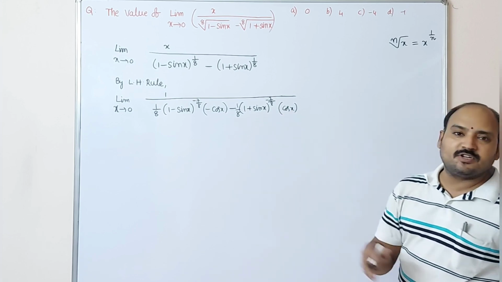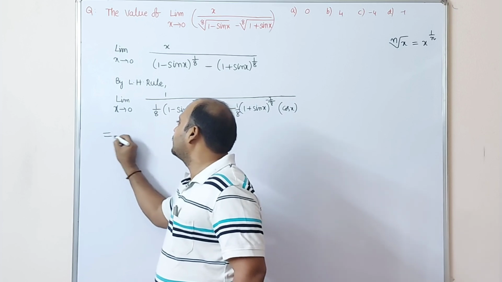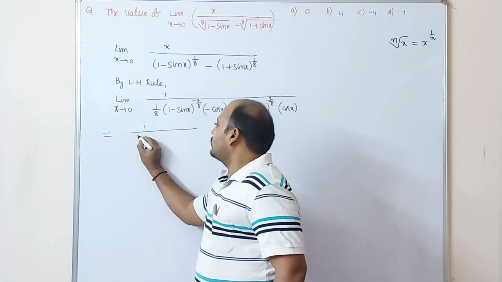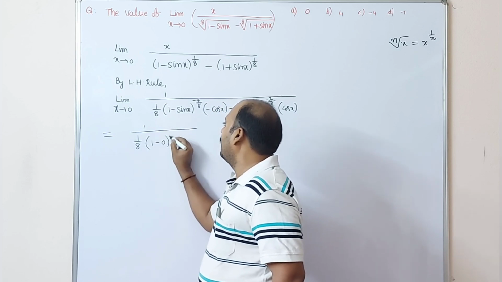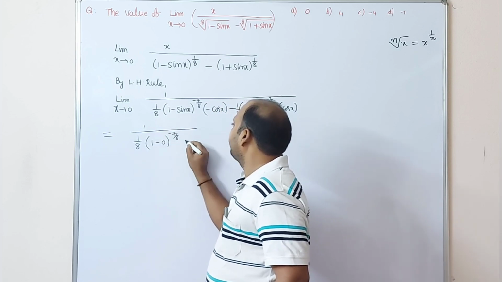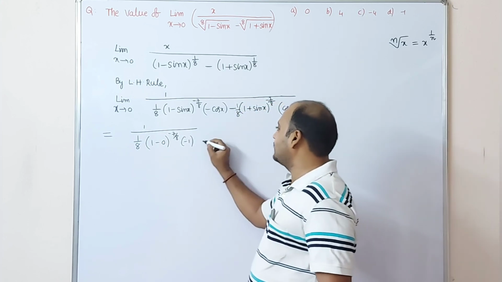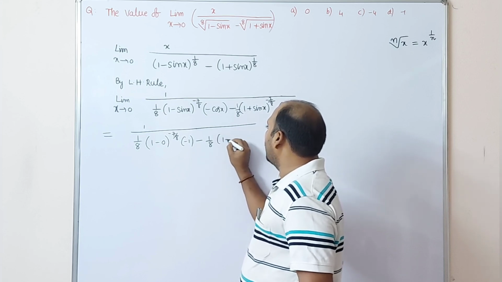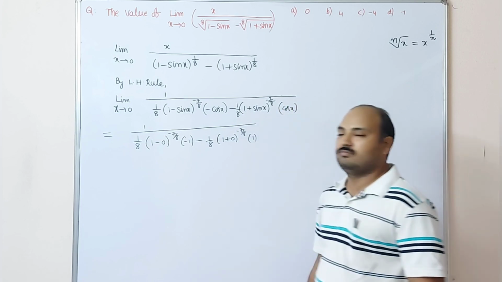After applying differentiation of numerator and denominator, apply limit x is equal to 0. Substitute x is equal to 0: 1 by 8, 1 minus 0 whole power minus 7 by 8 into minus 1, cos 0 value 1. So minus cos 0. Minus 1 by 8, 1 plus 0 whole power minus 7 by 8 into cos 0 which is 1.